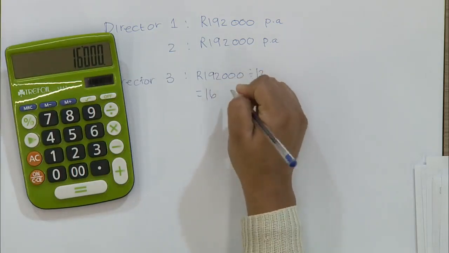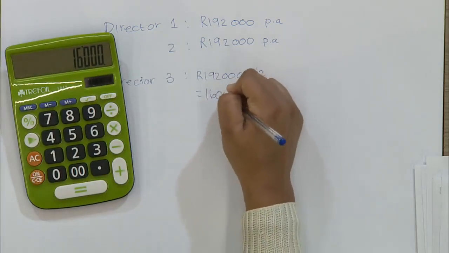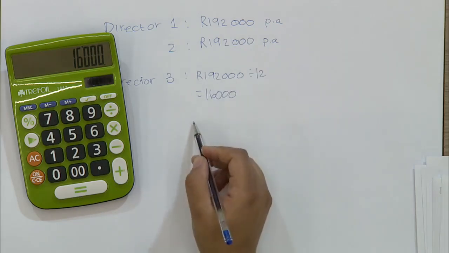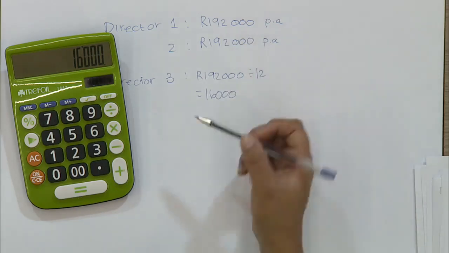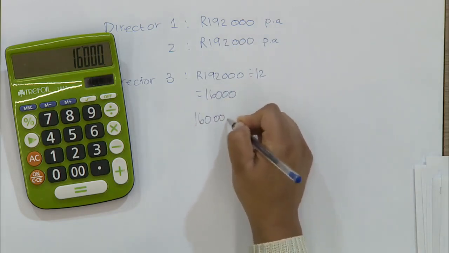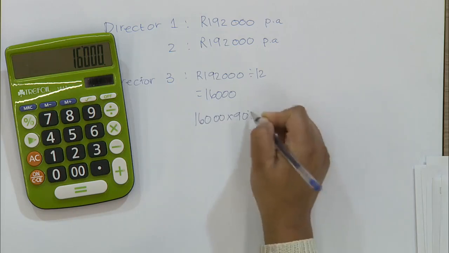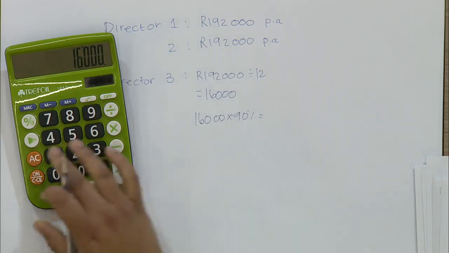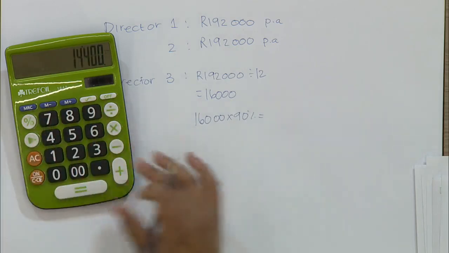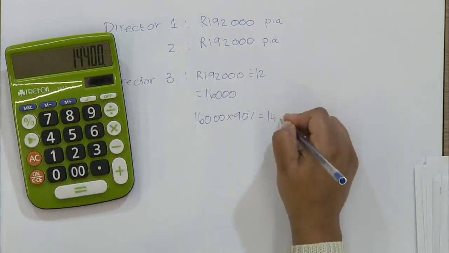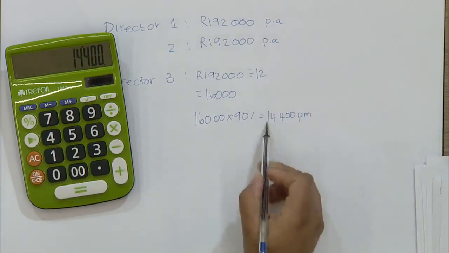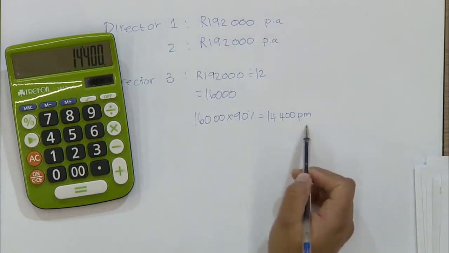We now know that the third director receives 10% less, so 16,000 times 90% gives us 14,400 per month.